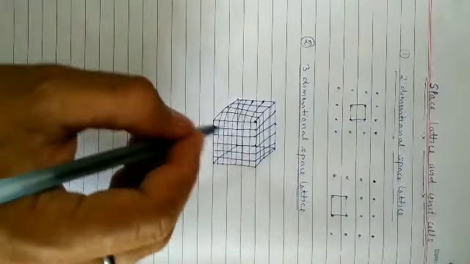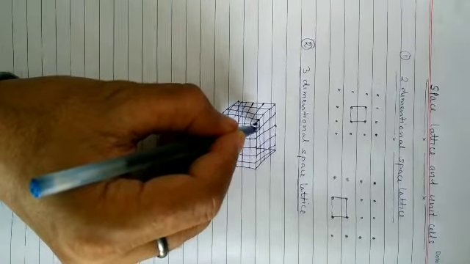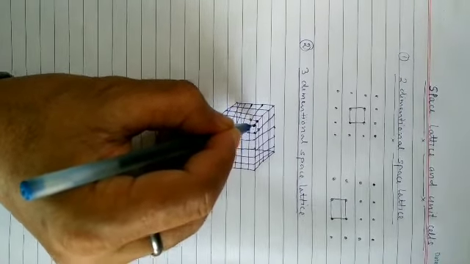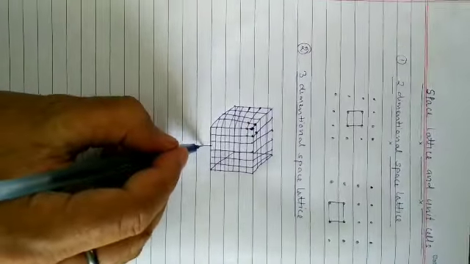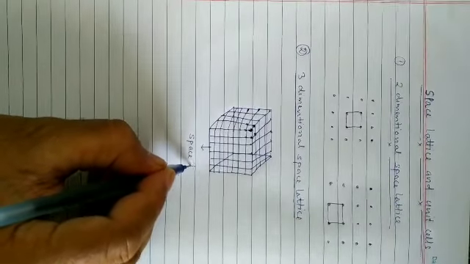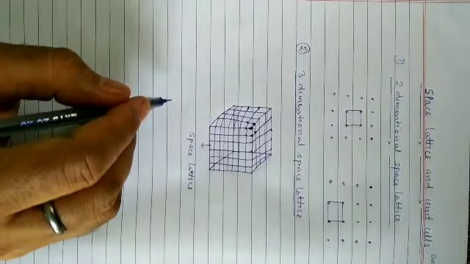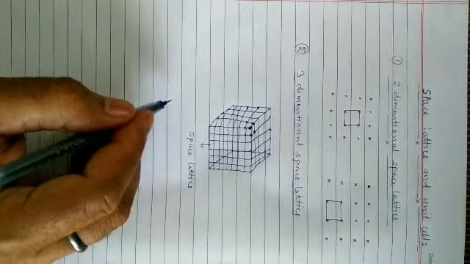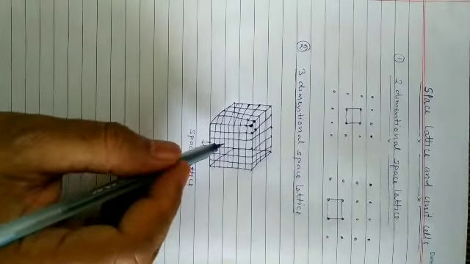If you see this 3D lattice, you are able to select a group of points like this, which when repeated over and again results in the complete 3D lattice. So it is a space lattice or crystal lattice. Crystal lattice, as crystalline solids are characterized by some regular pattern which is repeated over and again to generate it.